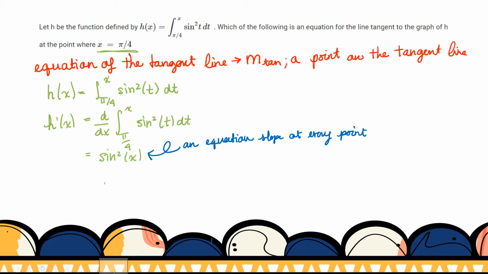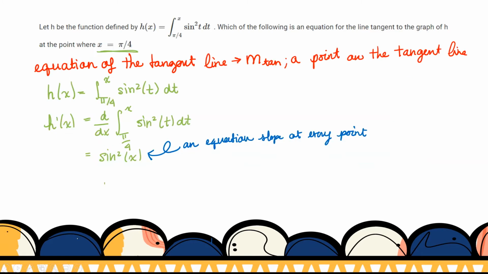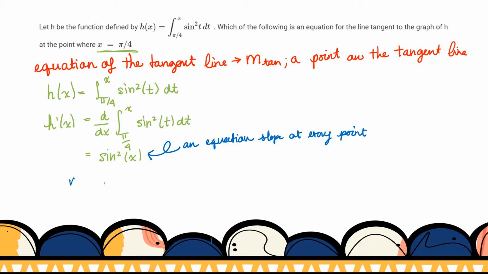I'm just going to write m, and I'll say that m equals the sine of pi over 4 times the sine of pi over 4.